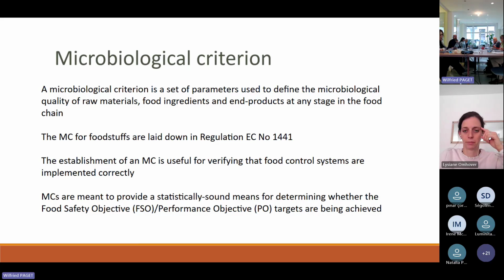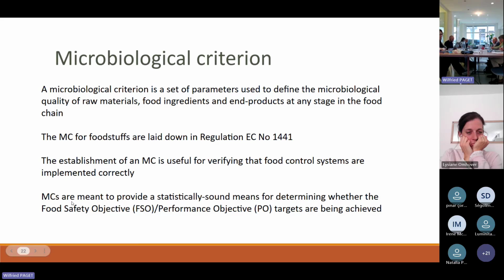Here, this is the important word, verifying that food control systems are implemented correctly. So acceptance sampling plan can never be understood as a tool for classification. It's not a classification, it's a verification. So that means that they should always be passed.